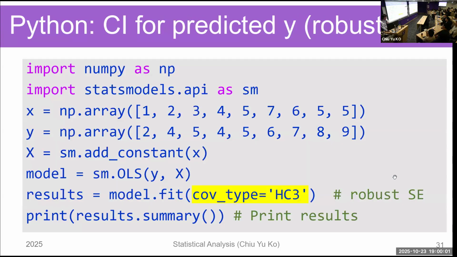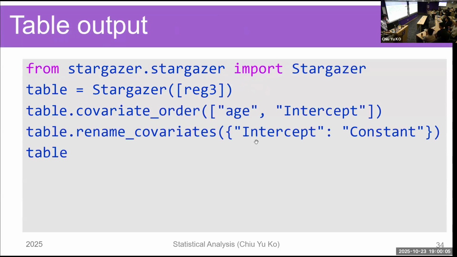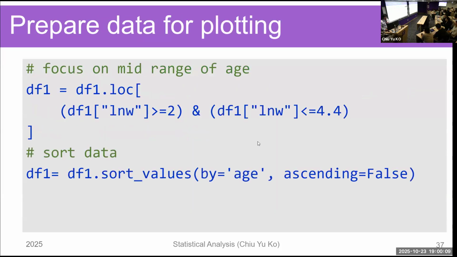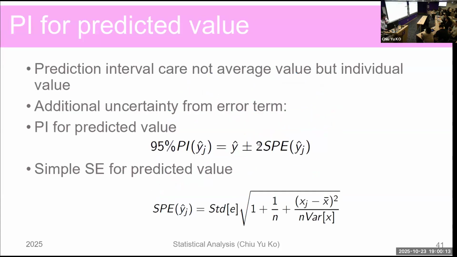And I also mentioned how to look at the age, plotting the wage data. The pink one is what I call the prediction interval. Instead of predicting an average value, we predict a particular value.